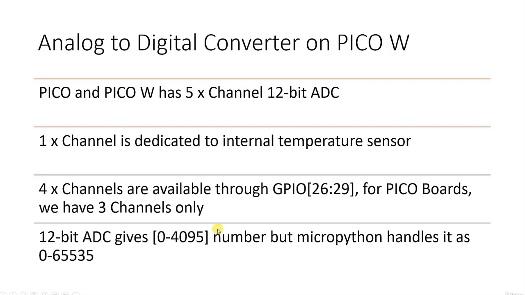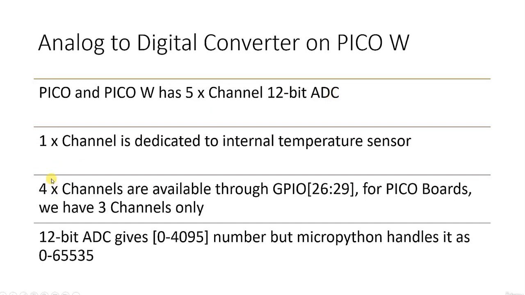Now, out of these 5 channels within RP2040, one channel is dedicated to the internal temperature sensor. Yes, there is an internal temperature sensor on RP2040 and one of the channels is already dedicated to it. So, what we remain with is 4 channels of 12-bit ADC on RP2040.